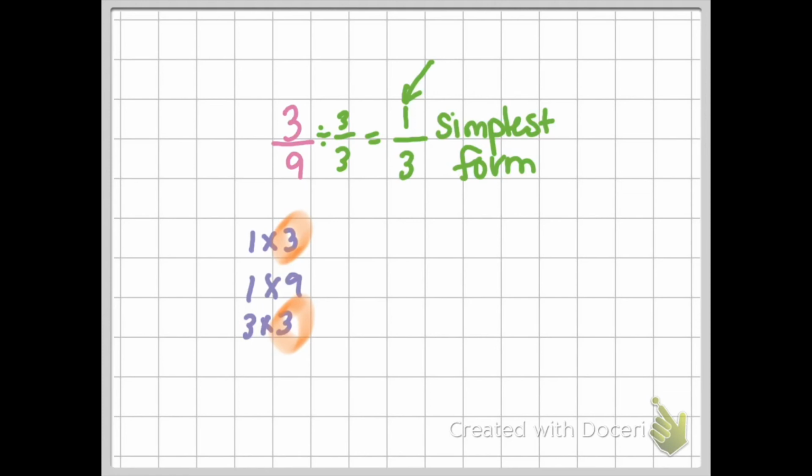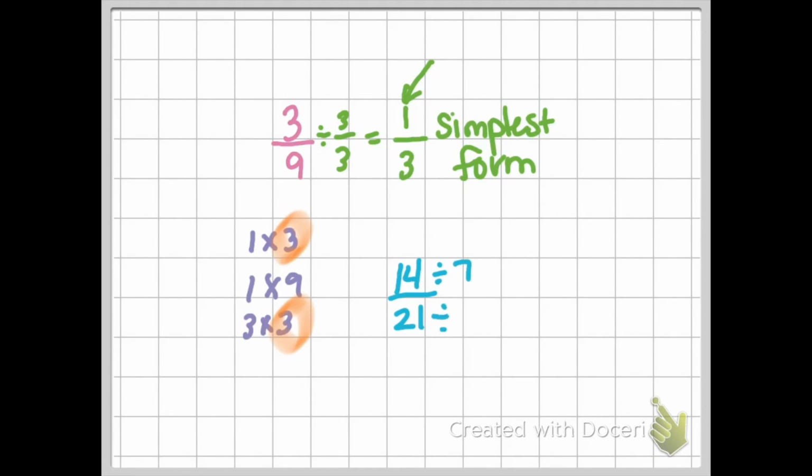So I'm going to use the same sheet of paper, just drop down a little bit. And I'm going to think about maybe 14/21. So when I think about this, I think right off the bat, I know that 7 can be divided into 14.